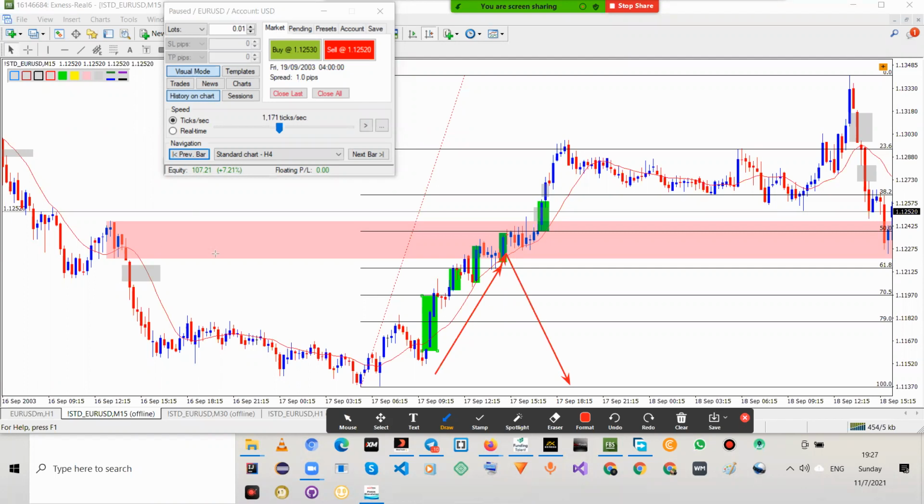This was going to become a bearish order block, but then it was broken through. So henceforth, this zone is called a breaker.